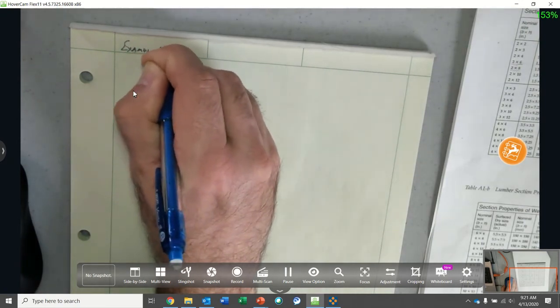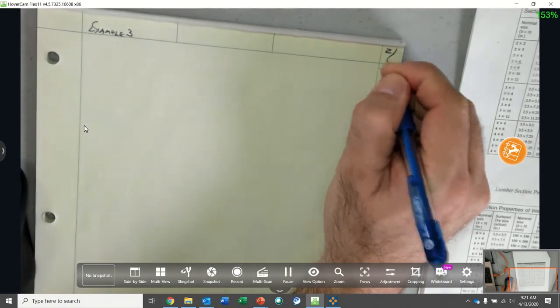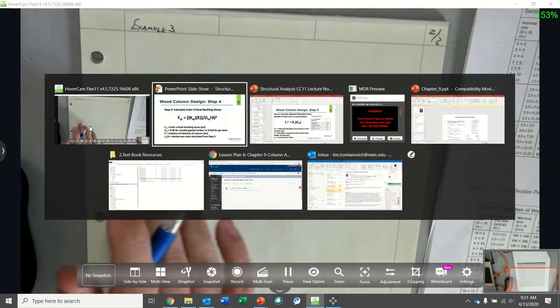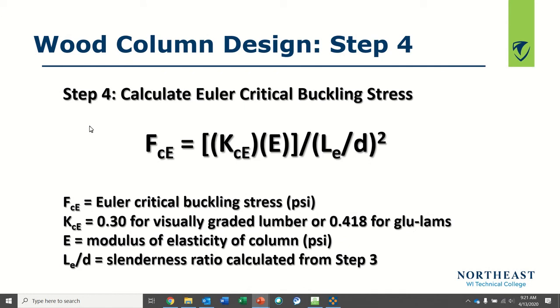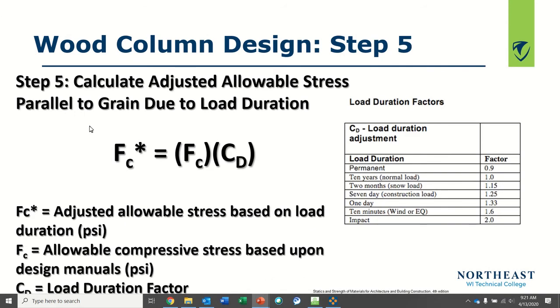Example 3, page 2 of 2. I should be able to get this on 2 pages. All right, let's go back. We calculated our Euler critical buckling stress. Step 5: calculate adjustable allowable stress parallel to the grain due to load duration. I want to make all my adjustments at the end here.